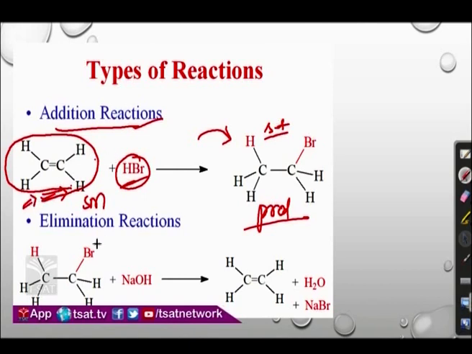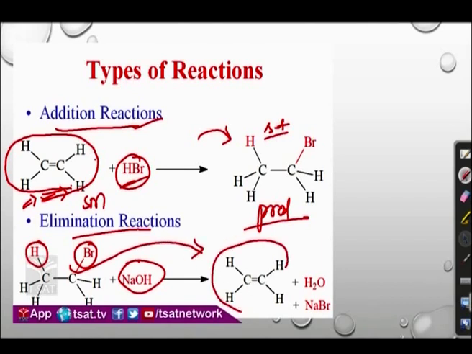Okay. The next type of organic reaction is the elimination reaction. In this, in the presence of some reagent, a part of the molecule or atoms of the molecule are removed, so that a new molecule is formed. So, this is the starting material and this will be the product.